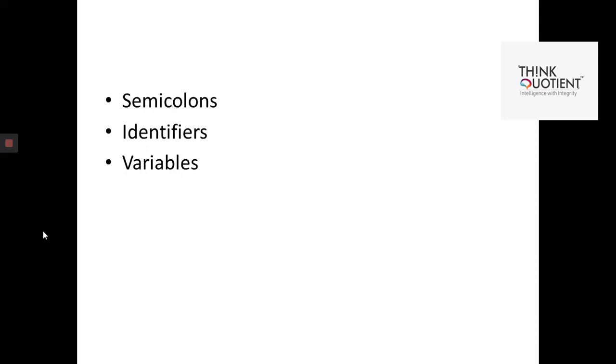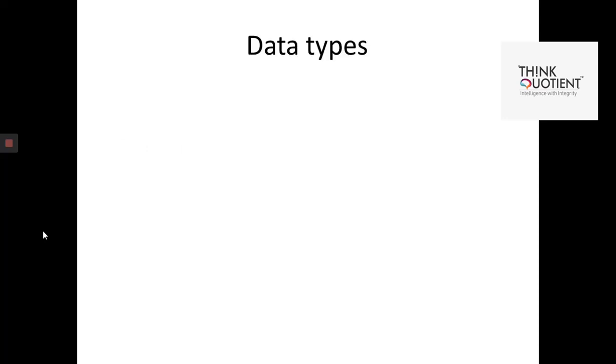The next thing is data types. In JavaScript we don't need to specify the types of variables. Just like in the Java language, where we have to specify the data type before declaring a variable, in JavaScript we don't need to, because it is dynamically determined by the JS engine.